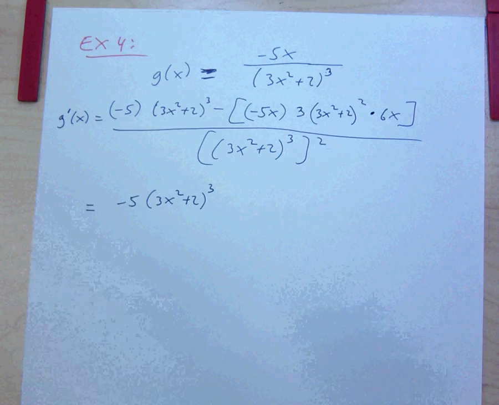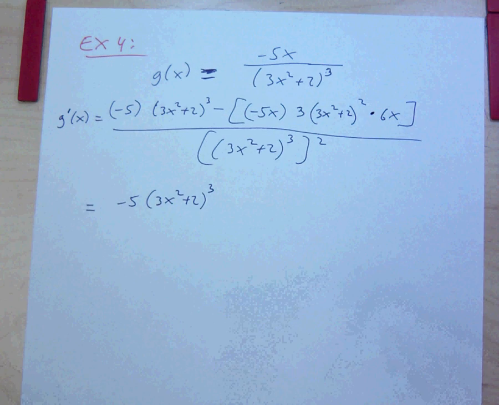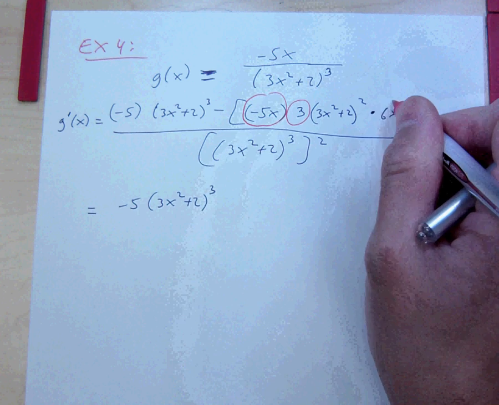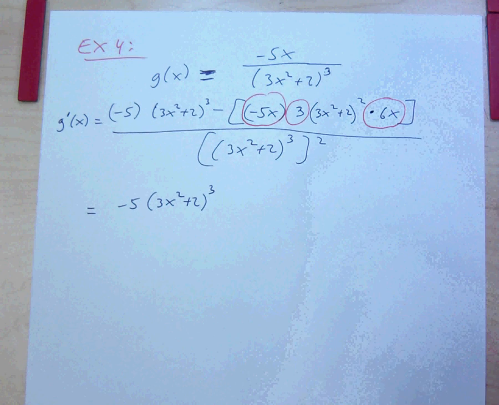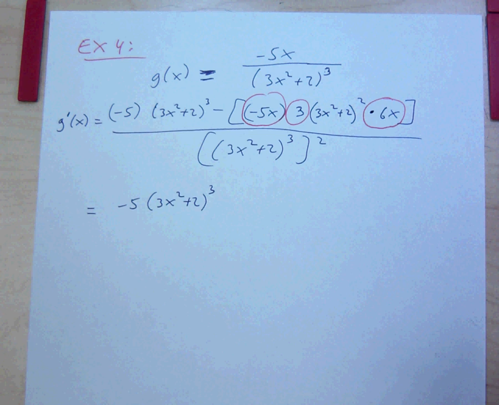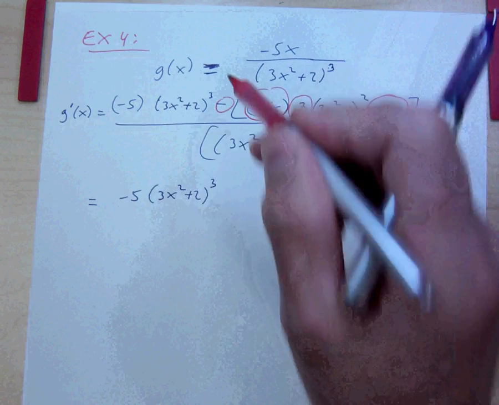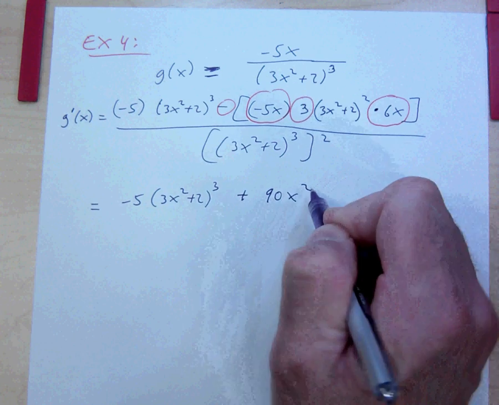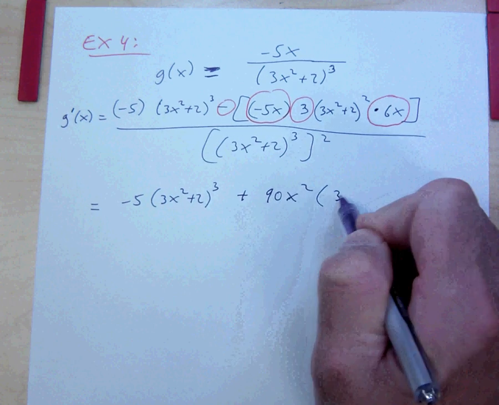And then here, what I'm going to do is I'm going to multiply that, and that together, and that gives me, let's see, negative 90x squared, right? But then with that minus, it turns into a plus. So I get plus 90x squared, and then I still have this.